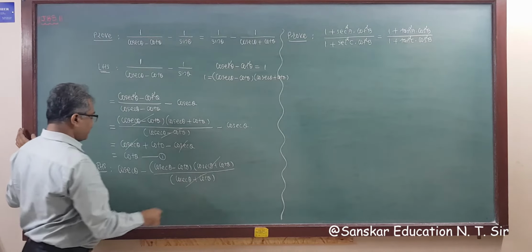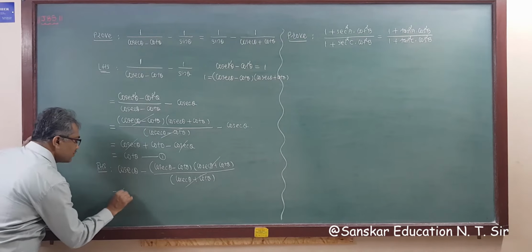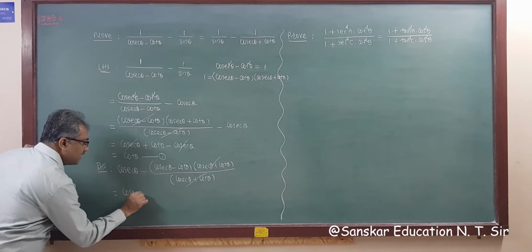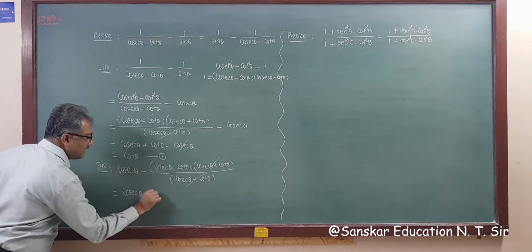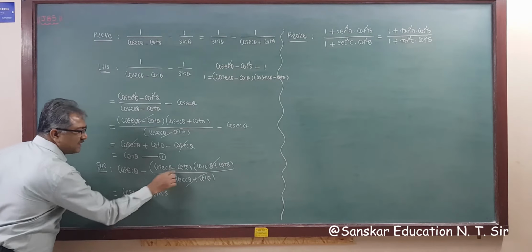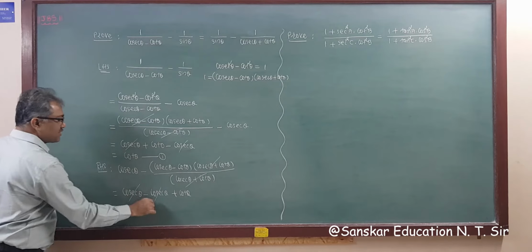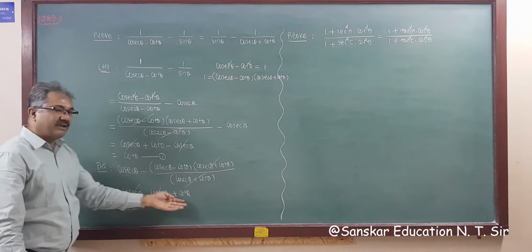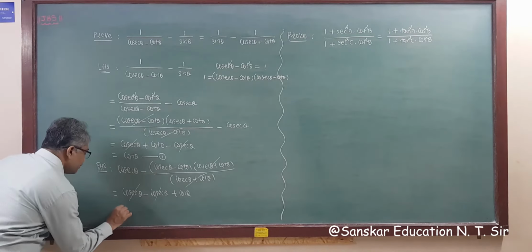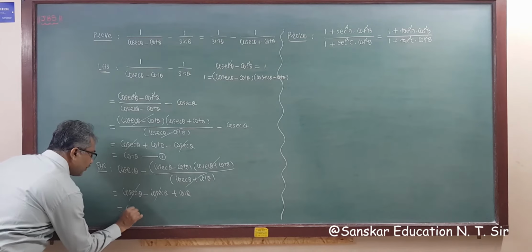So this will be cut. So the answer will be cosec theta minus cosec theta, and minus minus plus cot theta. So this cosec will again cancel, and we get cot theta. So this is your answer, cot theta.